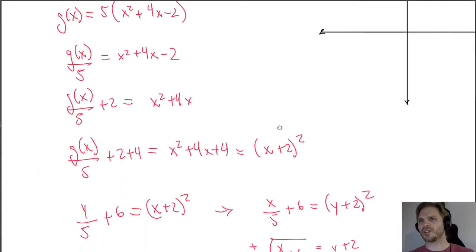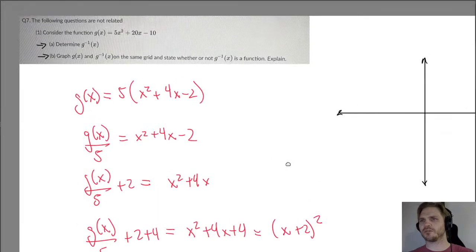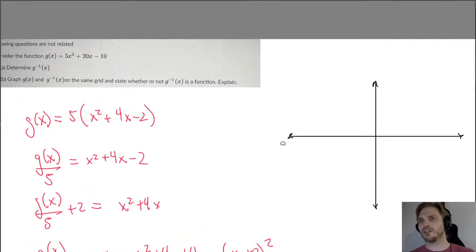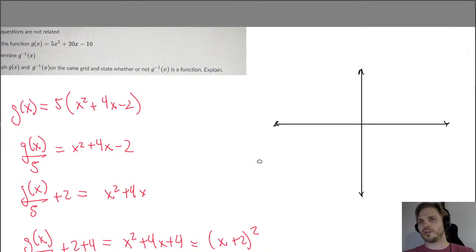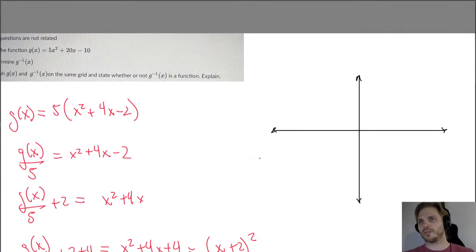Oh, actually, I already factored this thing, so this will be easy. Did I factor? No, I can't factor that. Let's go with 0 is negative 2, negative 10. So this would be negative 10. This would be 10. If we got 1, this would be 5 minus 2 is 3, 15.